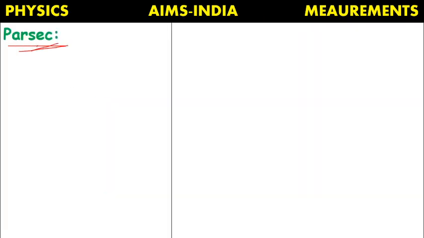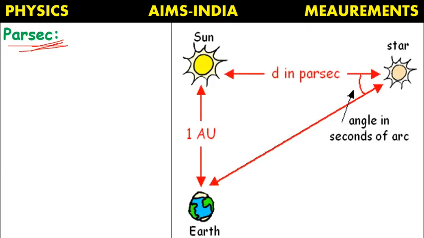Parsec. We have one more unit called parsec. We know that the distance between Earth and Sun is 1 astronomical unit. Suppose this is the arc of length 1 astronomical unit, and this is the star at some distant place.